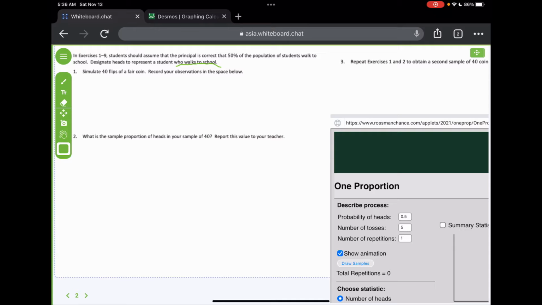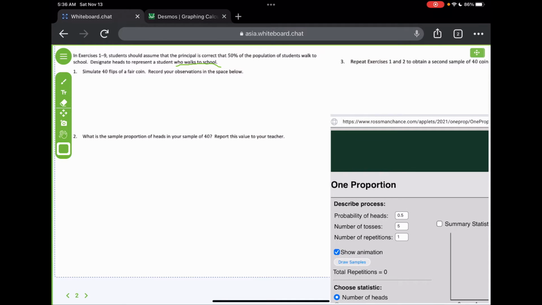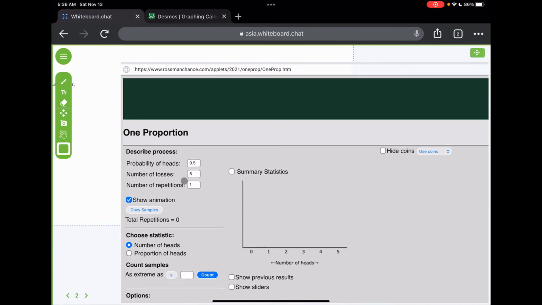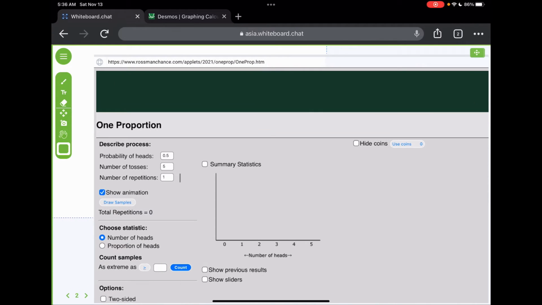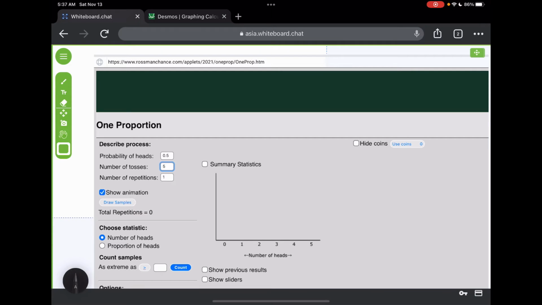Okay, so let's go over here to a website, and this is going to do a flip of a coin. Probability of heads is 50%, number of tosses, we need to change that to 40.